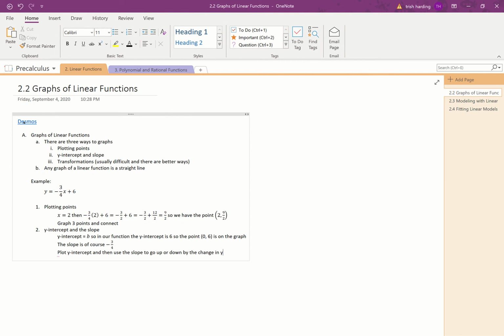So you go up or down by the change in y, and then over by the change in x. Here we would start at 0, 6 and go over. You can go up or down and then over, or you can go over and then up or down. I'm going to start by going over 4 and then go down 3, and that is my next point.